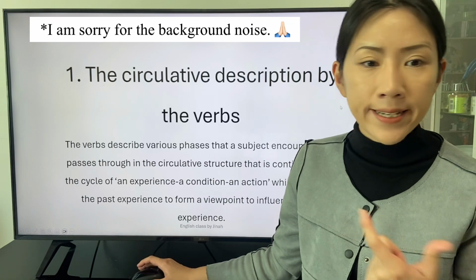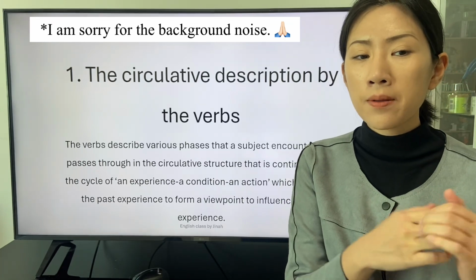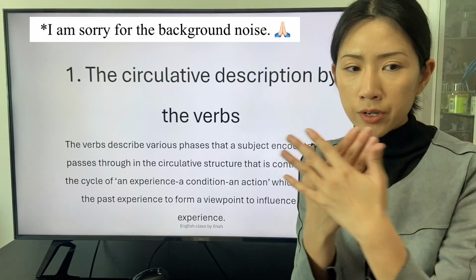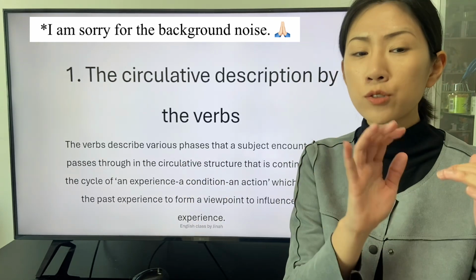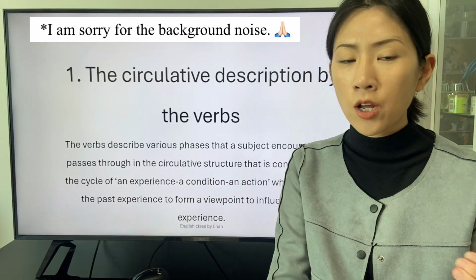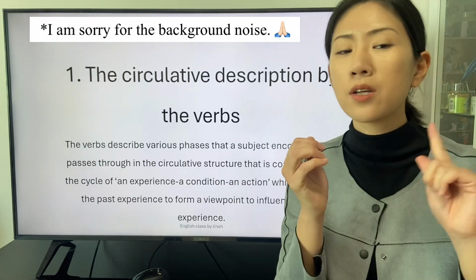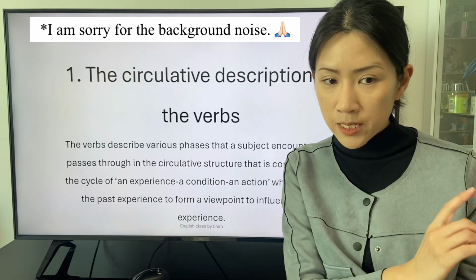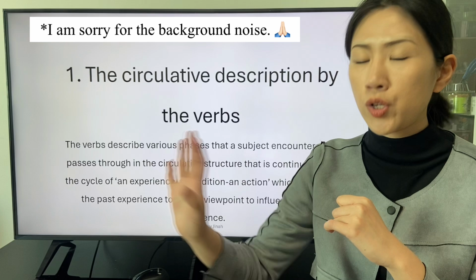The circulative description by the verbs: the verbs describe various phases that a subject encounters and passes through in the circulative structure that is continued after the cycle of one experience, one condition, one action, which becomes the past experience to form a viewpoint, to influence a new experience.